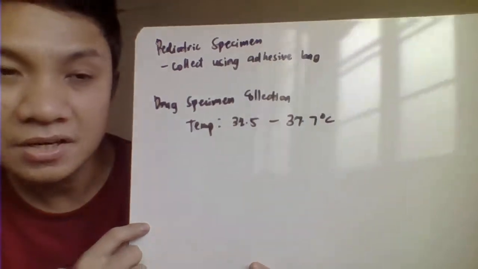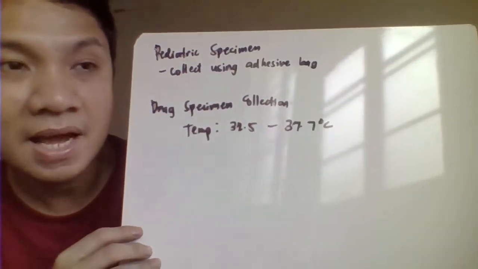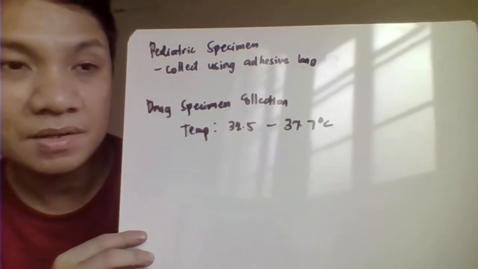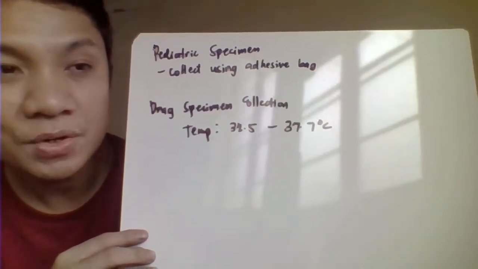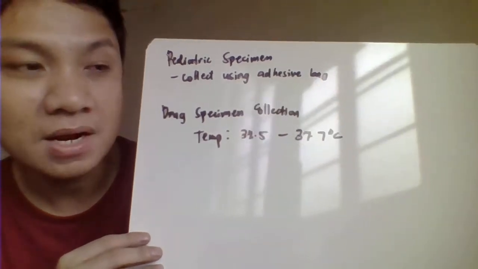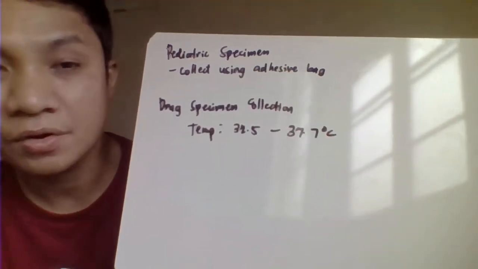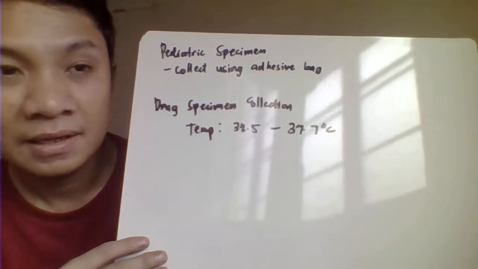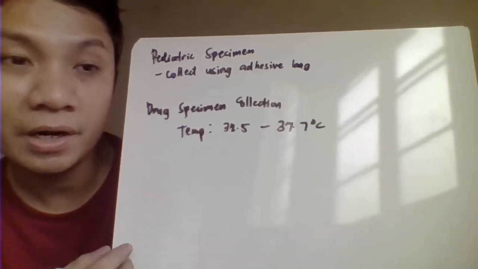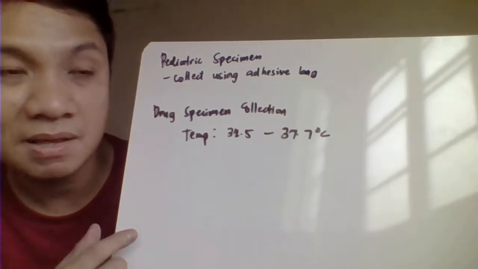So most likely, collection of the specimen for the drug test is done in the laboratory itself, and you should have a separate room for collection of the specimen. And make sure that you monitor the entire collection of the specimen. Make sure that the specimen has not been tampered with or contaminated by the patient.